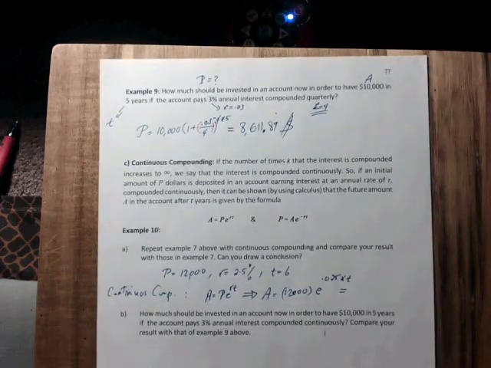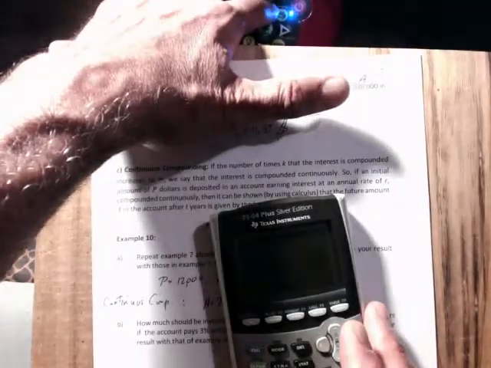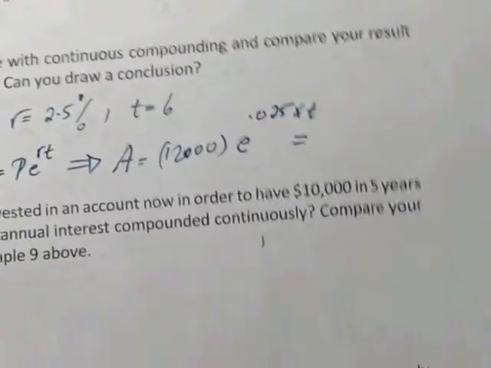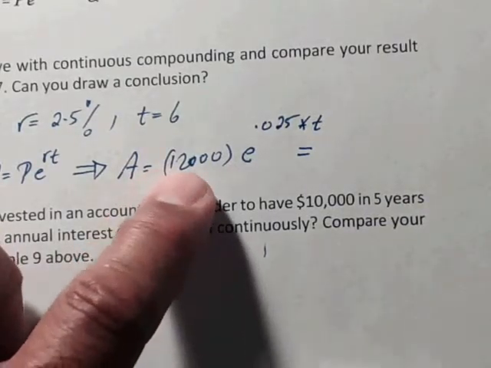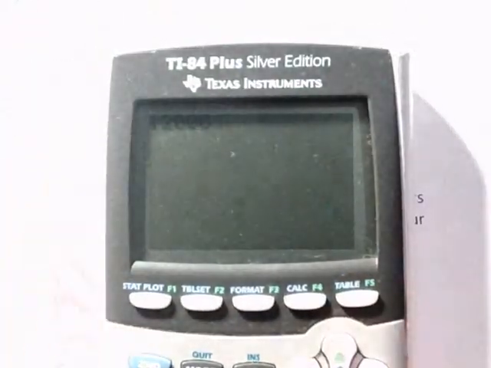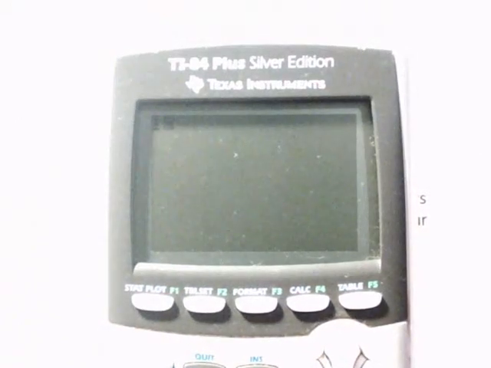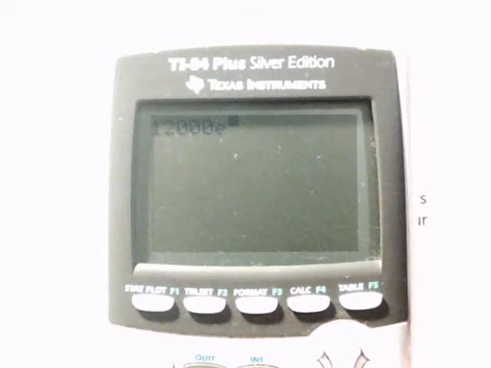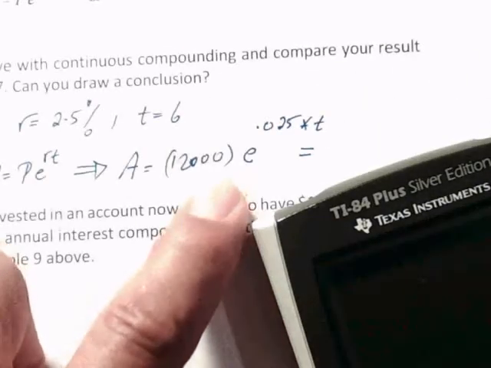Okay. So let me see how much I get. 12,000. Maybe I should show it to you. See, I'm gonna put this in my calculator. 12,000, then second e to the power 0.025 times 6.